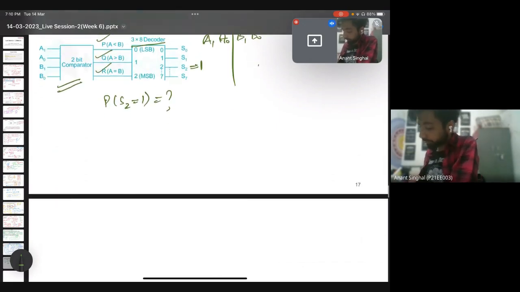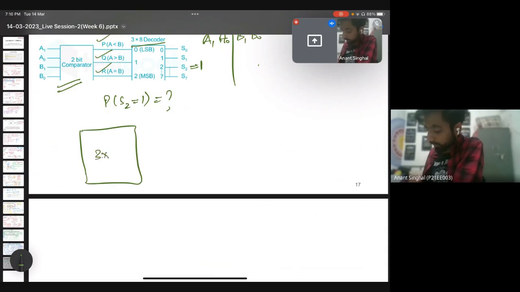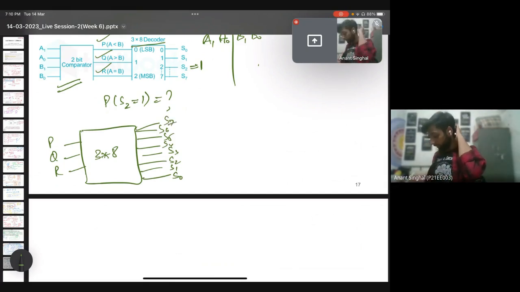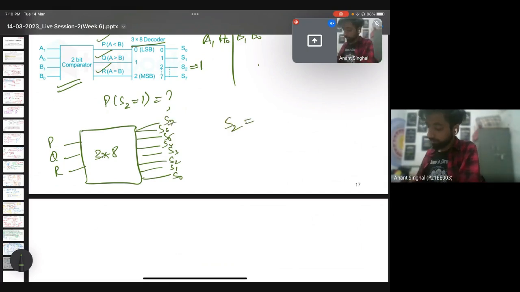So it is a 3 cross 8 decoder. Let me familiarize you with this decoder. It has three inputs for the given question, let's say it is PQR, and it has eight outputs. We start from S0, S1, S2, S3, S4, S5, S6, and then S7. So we know that S2 will be 1 when the input is 0, 1, 0.